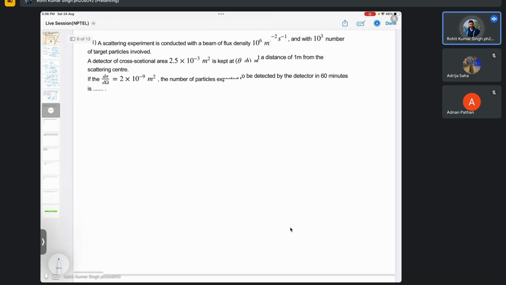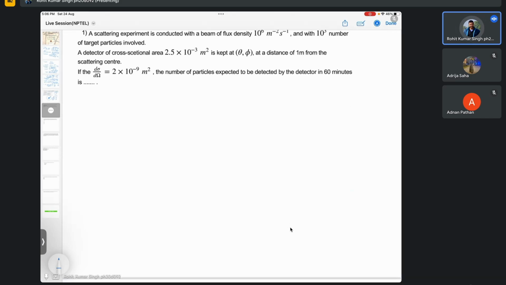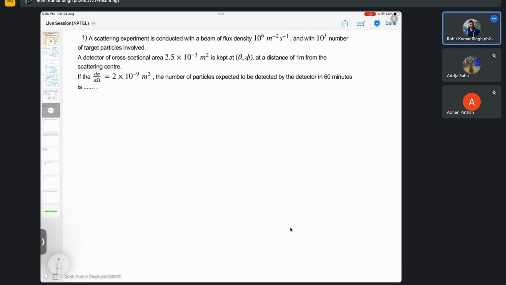Okay, so here we have one problem on the scattering cross section. This should be based on the formula that we wrote. Let's read the problem. A scattering experiment is conducted with a beam of flux 10 to the power 6 per meter square per second, and with 10 to the power 3 target particles.